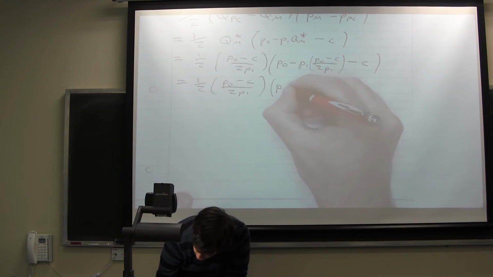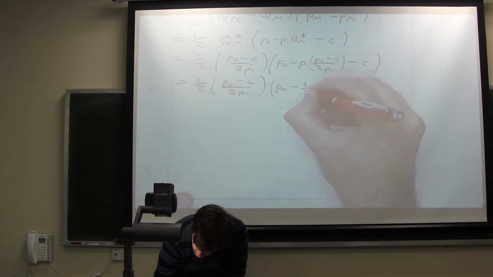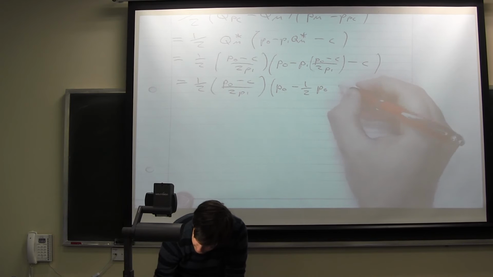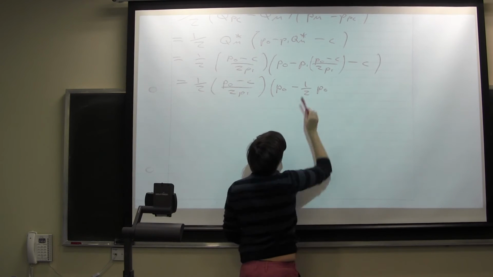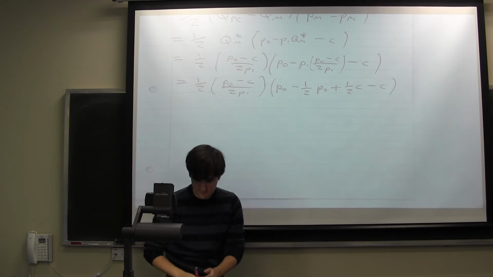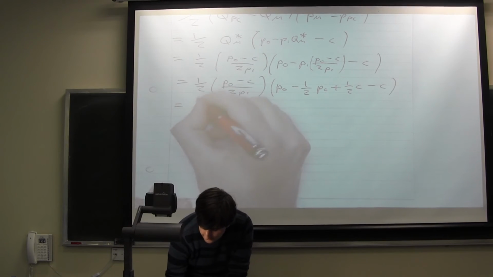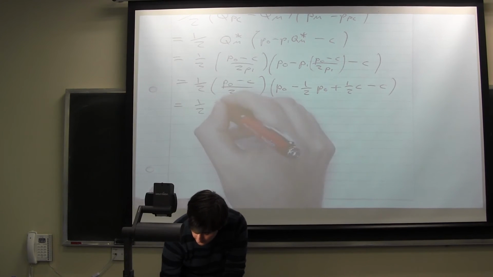So we've got P0 minus, here we get a half P0. Minus minus makes a plus. Okay, so we're going to get plus half C. And then we're going to get a minus C. And now we can simplify that more.